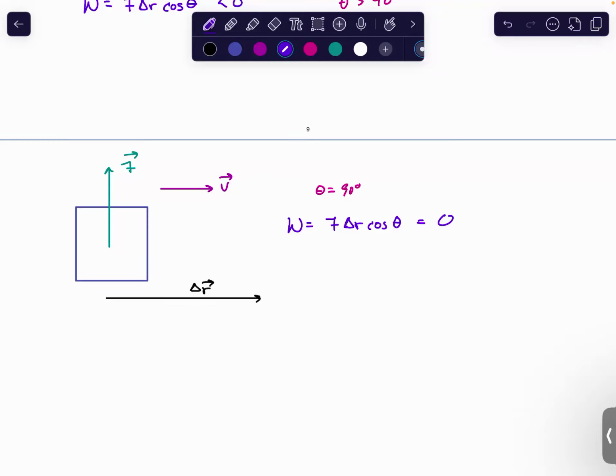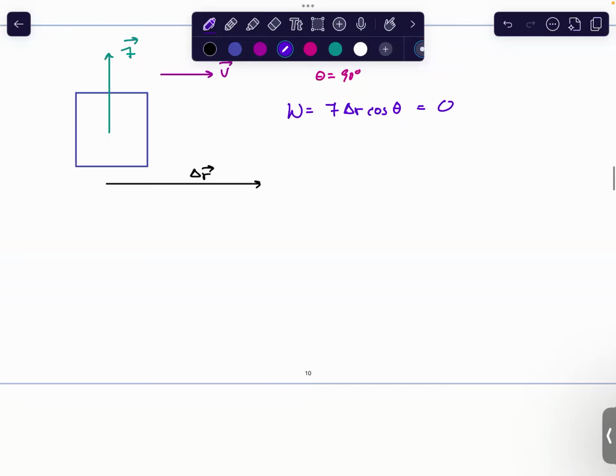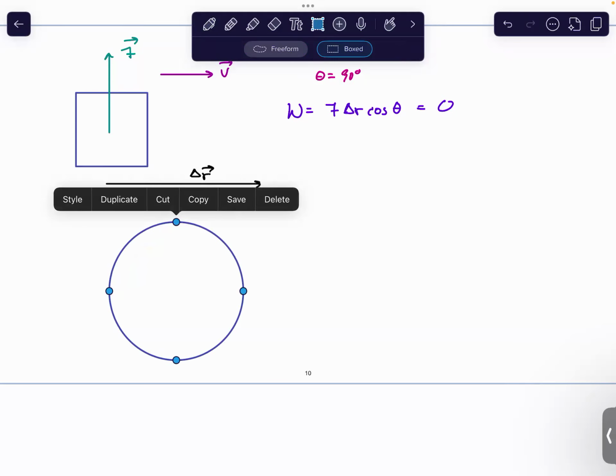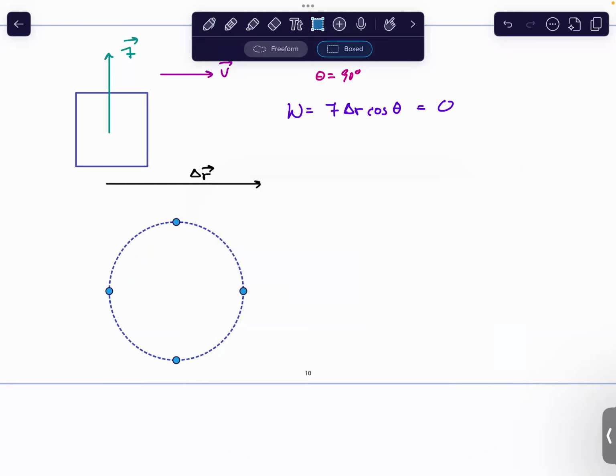So then here's a question. What if we think back to, let's say we had A. Okay, so now let's say we have a circular motion, okay?